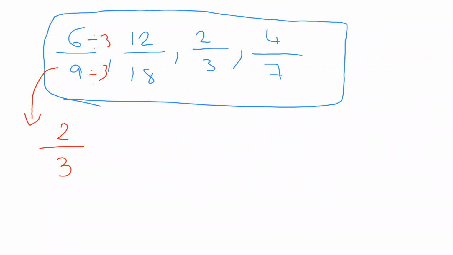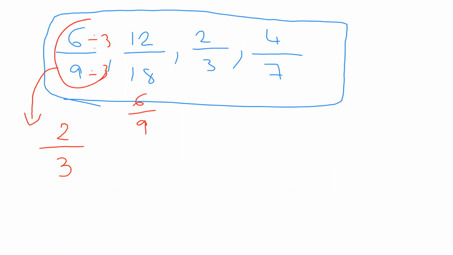Next, 12 and 18. Who can tell me by which number I can divide? Divide by 2. If you divide it by 2, it will give you 6/9. So you divide by 3, and you'll have 2/3.